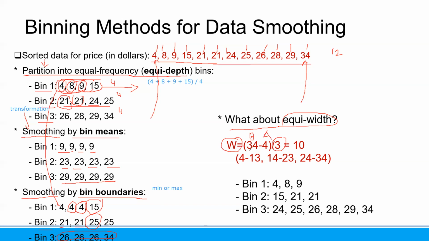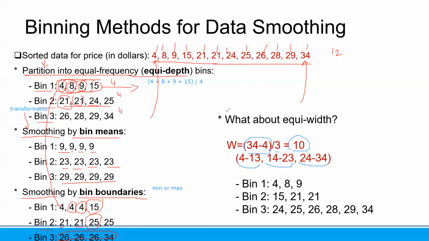So I have 34 minus 4 divided by 3, and we have W equals 10, or the width equals 10. In this case, I can make the ranges 4 until 13, 14 until 23, and then 24 until 34.